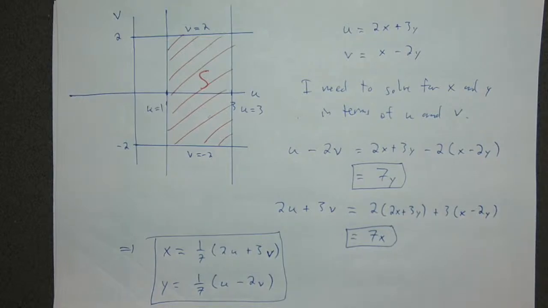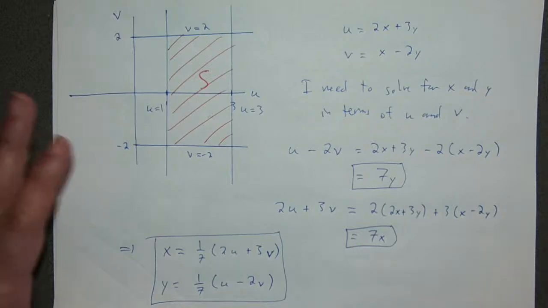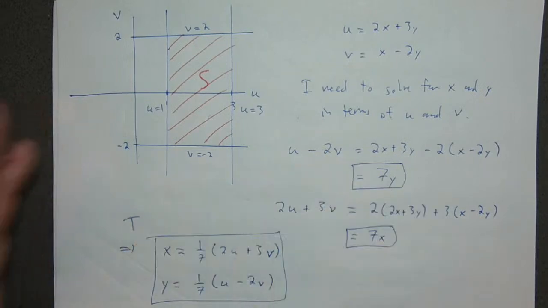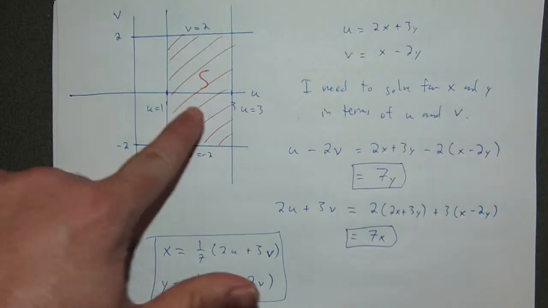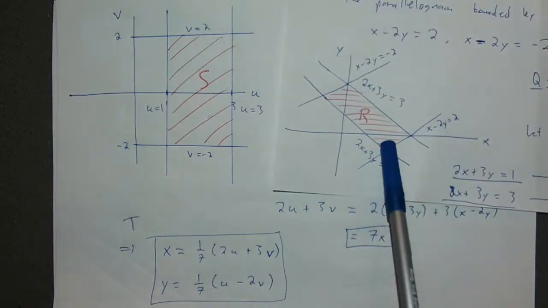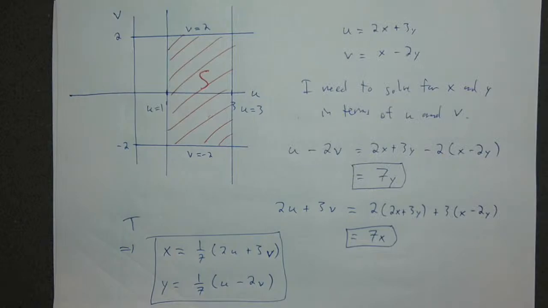So that's what's going on here. Now we have found our T that gets the job done. And you can check yourself that defining the T in this way takes this S in the uv plane to this R in the xy plane. So now we've found the transformation.